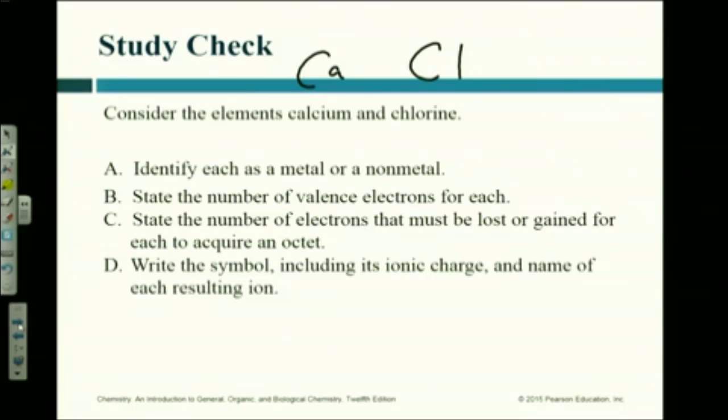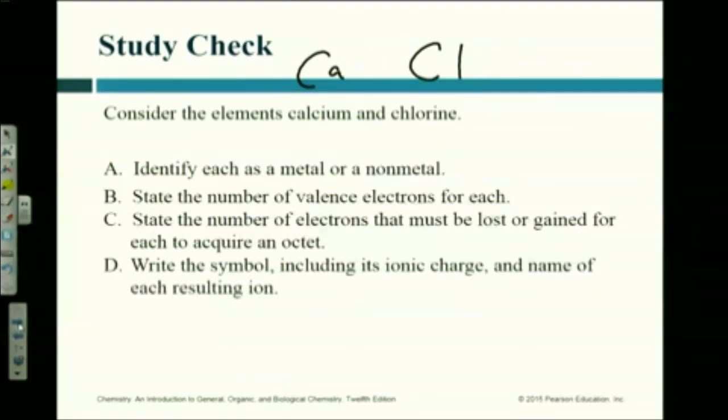What about chlorine? Group 7, on the right-hand side of the periodic table. How many valence electrons does calcium have? 2. How do you know that? Group 2.